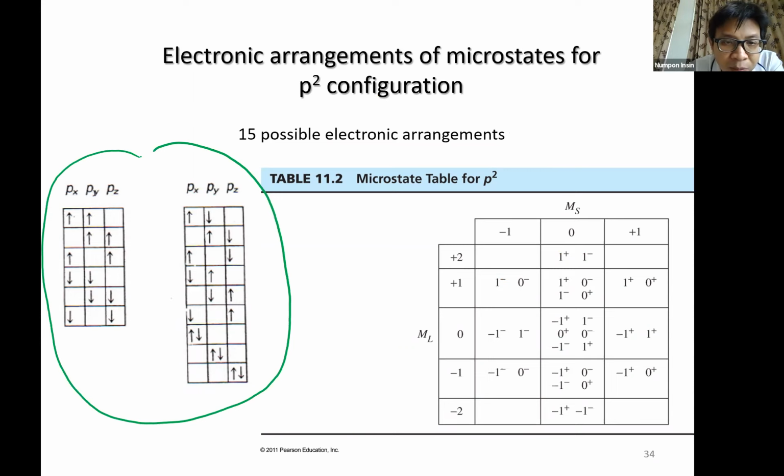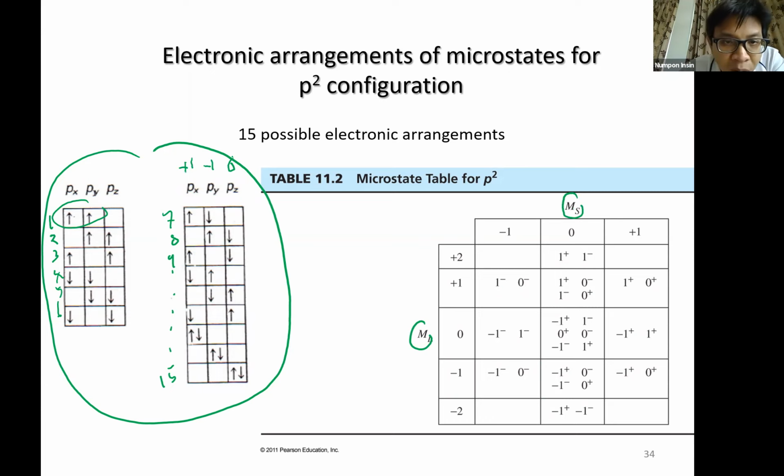After you distribute the electrons into the 15 possible electronic arrangements, you have 15 possible microstates, right? Each microstate, you can find the ML and MS of. For example, if I say that Px is plus 1, Py is minus 1, and Pz is 0, you can assign it differently, but please do assign it.